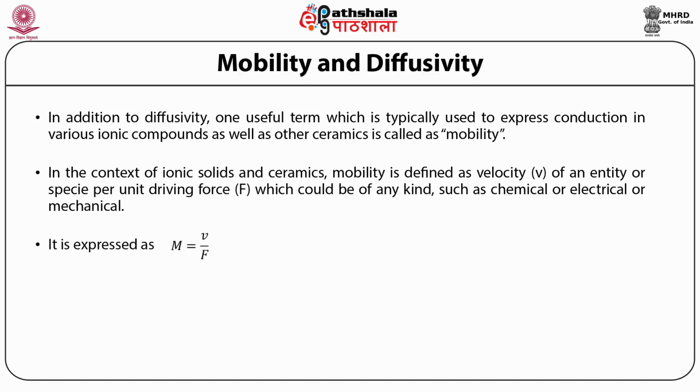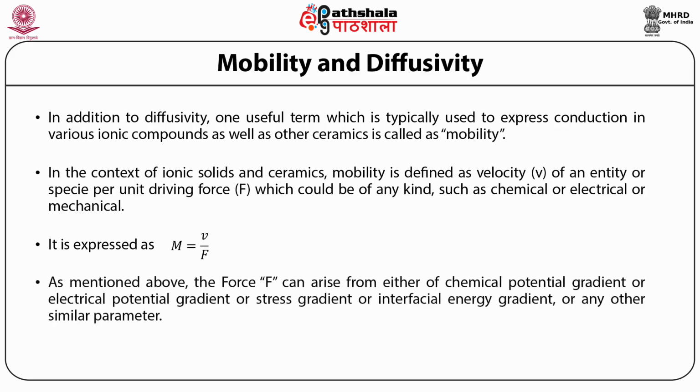It is expressed as M is equal to V by F. As mentioned above, F, that is the force, arises from either a chemical potential gradient or an electrical potential gradient, or it can be due to a stress gradient or interfacial energy gradient or any other similar parameter.